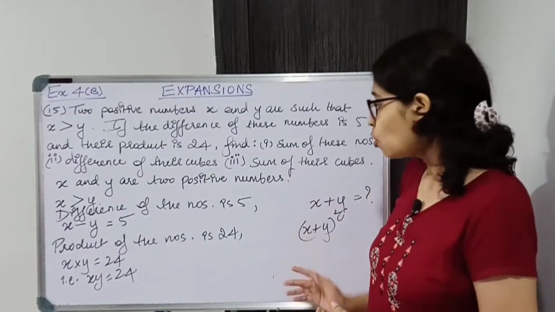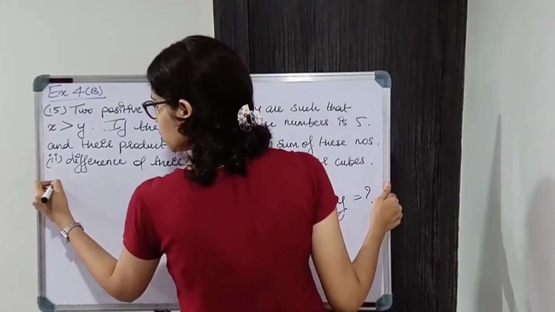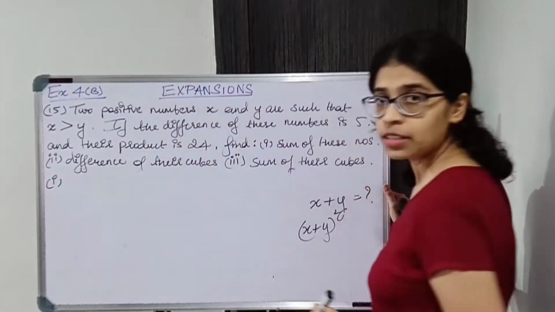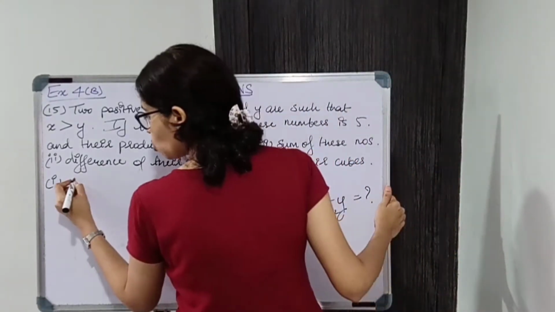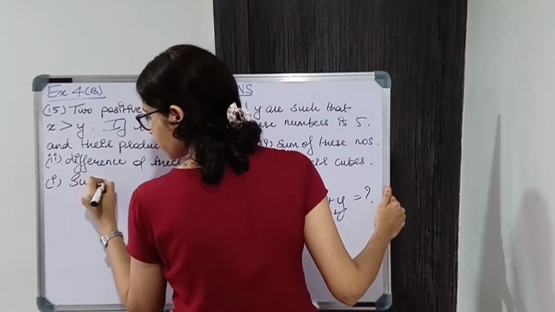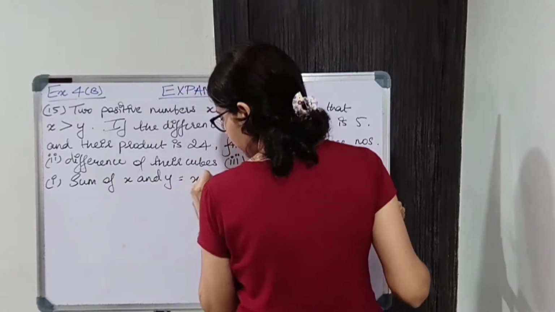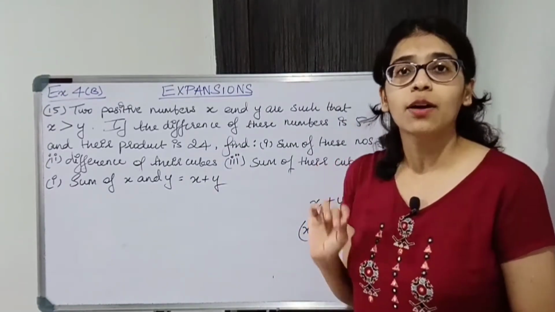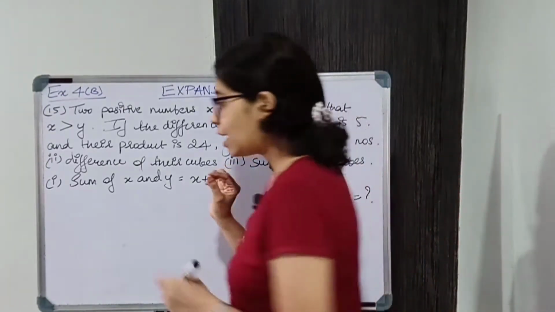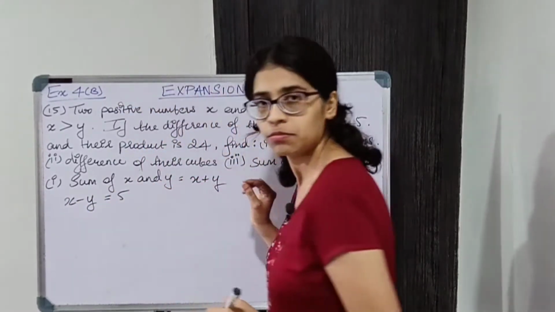Okay. So let us write this down again. Okay, so in first part we have to find sum of these numbers. So sum of x and y, that is x plus y find karna hai. Now we know that x minus y is equal to 5.